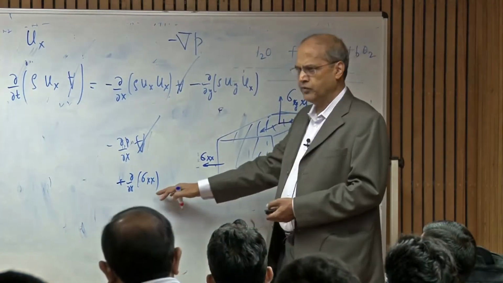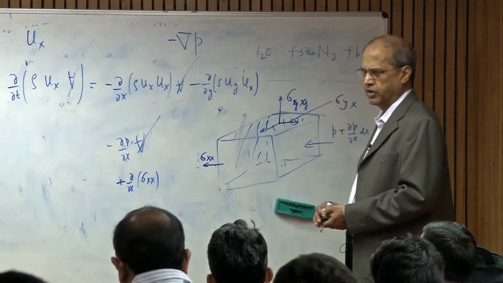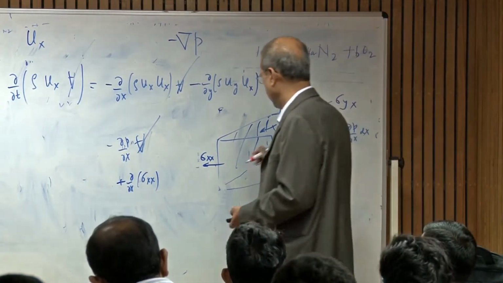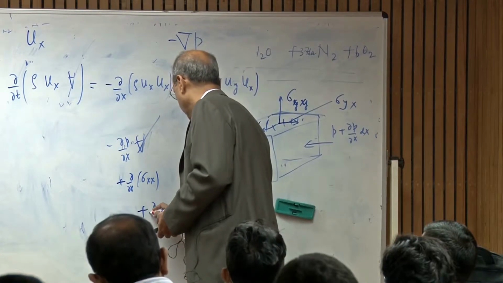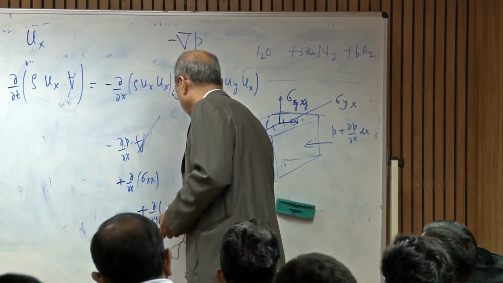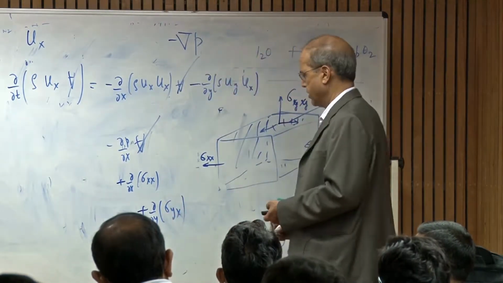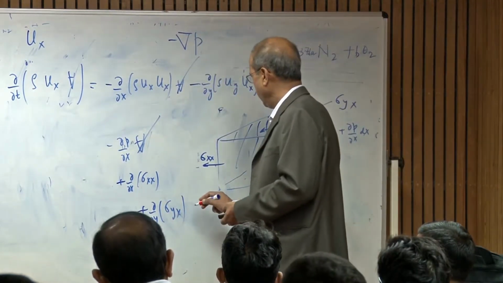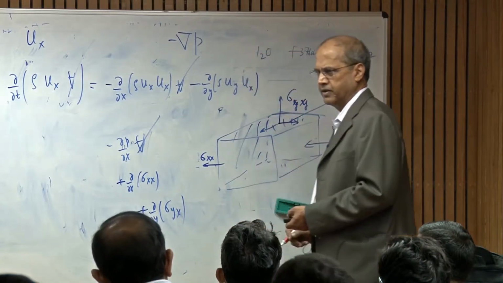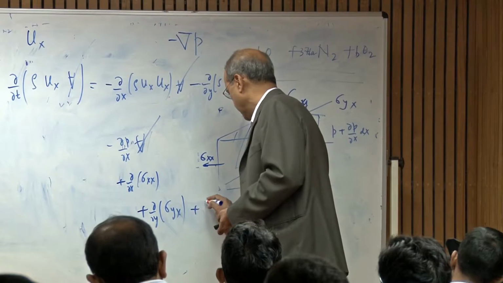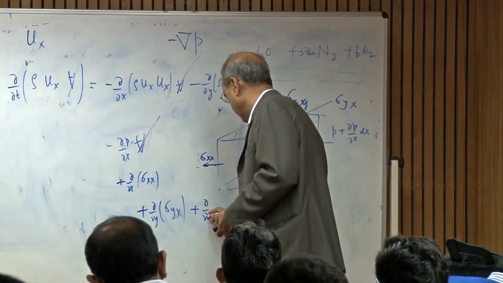So that's the normal viscous force in the x direction. And then you have the shear forces. One will be d dy of sigma yx. And if it is three-dimensional, you can add the third one. I will just write the two-dimensional case, but just for completeness.